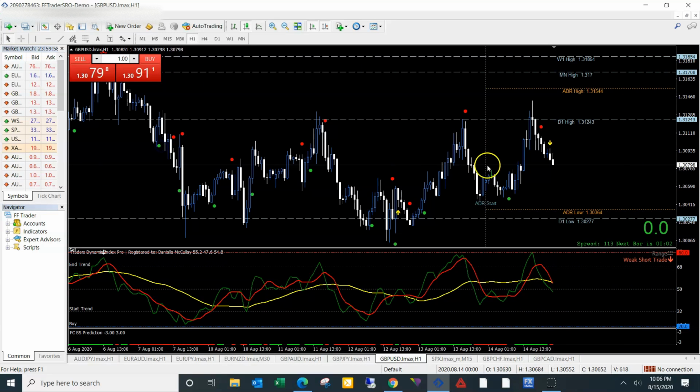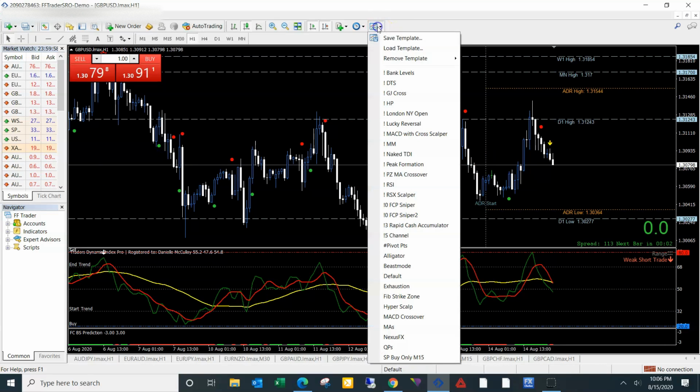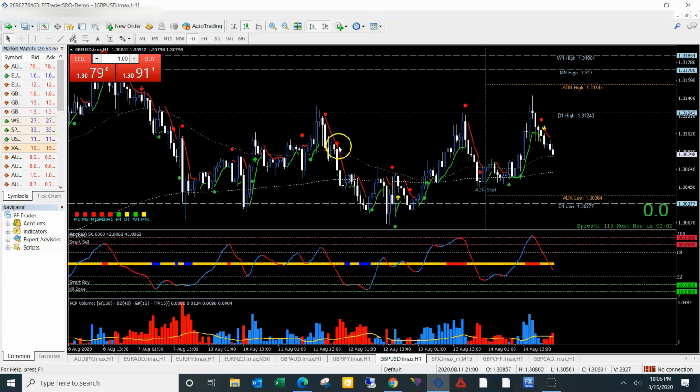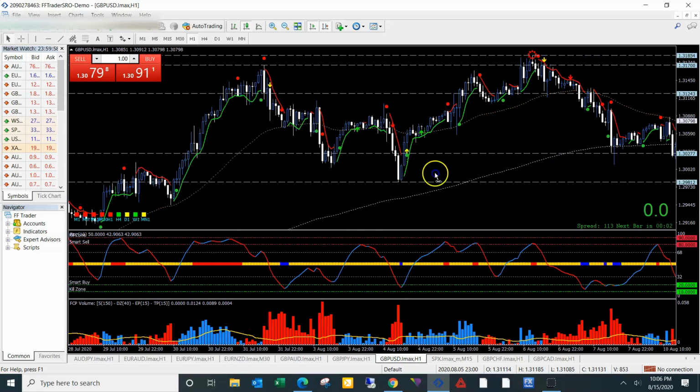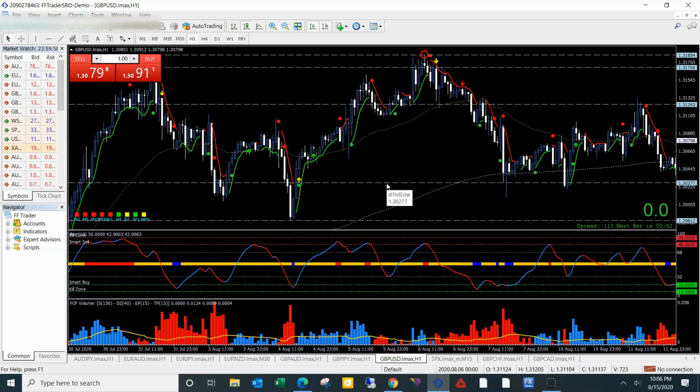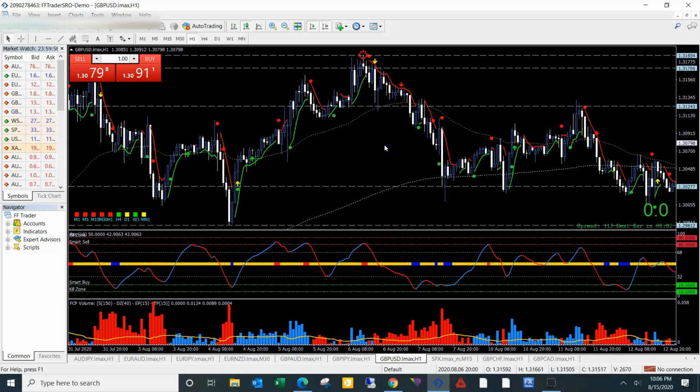And let me show you real quick how it looks with the FCP Sniper. It's the same thing, with a little more noise on the charts with the FCP Sniper 2. Same thing.